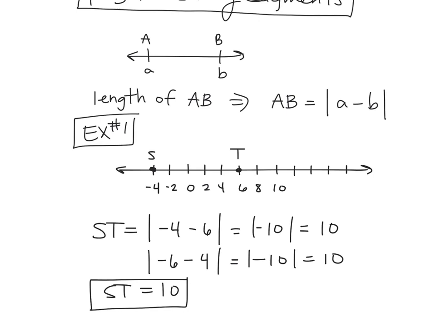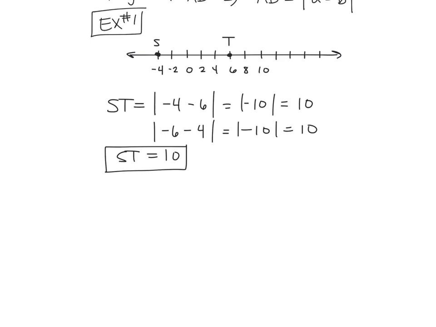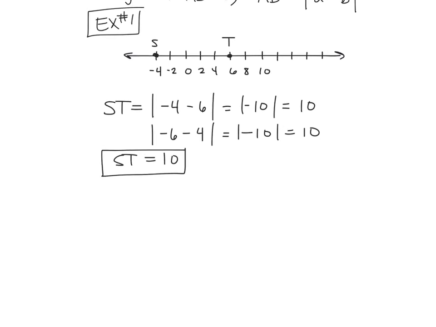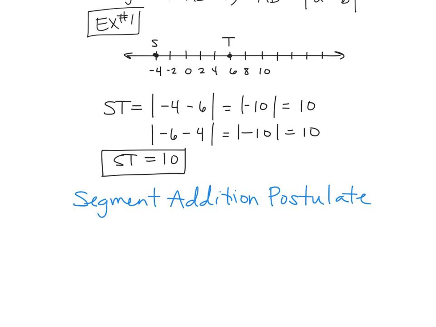Okay, you won't do a ton with that where you just have to find the length, but what it brings us to is a postulate that you will see a lot. It's called the segment addition postulate. And I bet if you stop and think about this one, you can tell me what the postulate says.